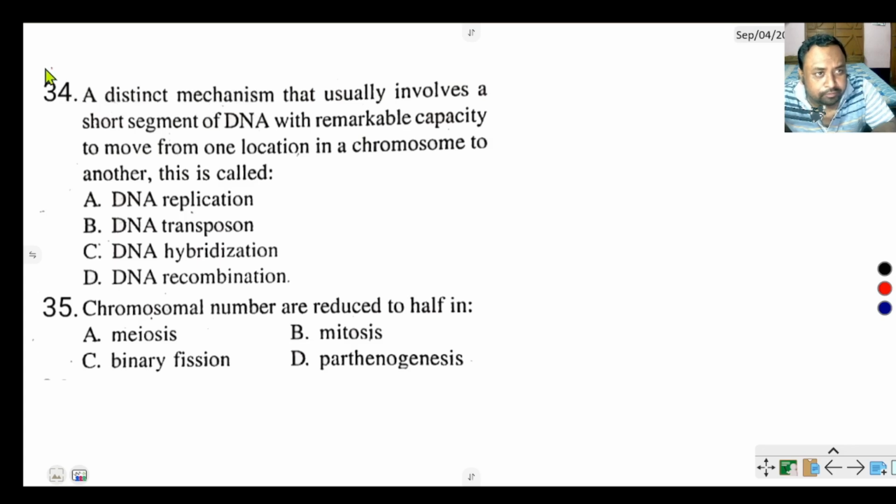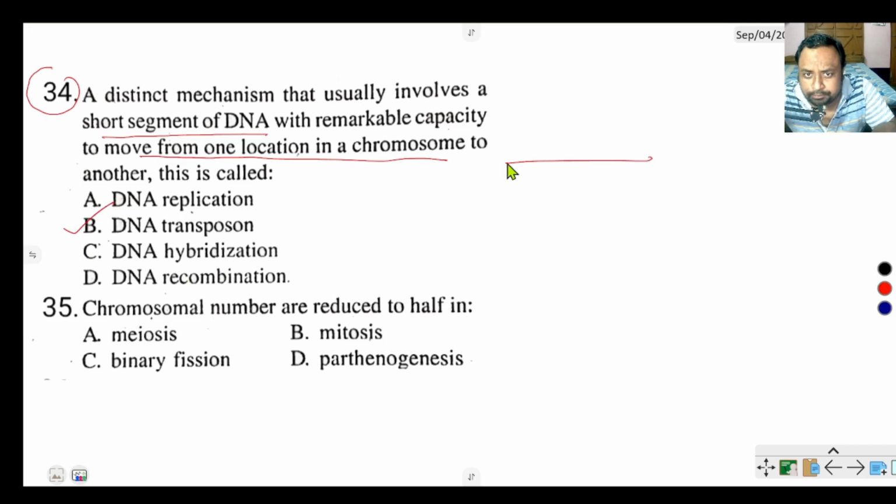Question number 34. A distinct mechanism that usually involves a short segment of DNA with a remarkable capacity to move from one location to another. This is called DNA replication, DNA transposon, DNA hybridization, or DNA recombination. That is called DNA transposon.